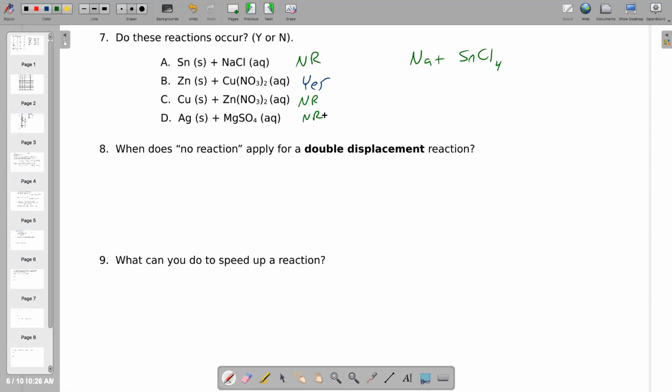When does no reaction apply for double displacement reactions? Well, in order for a reaction to take place in a double displacement reaction, one of the products has to be a solid on the solubility chart.